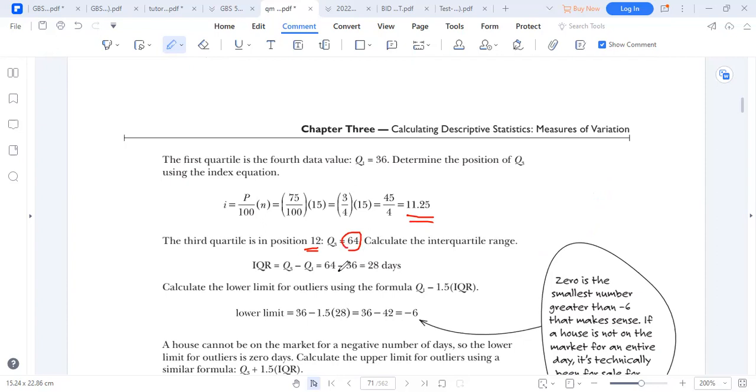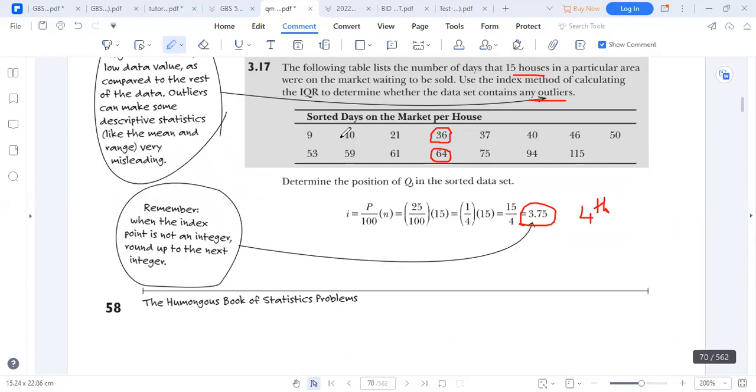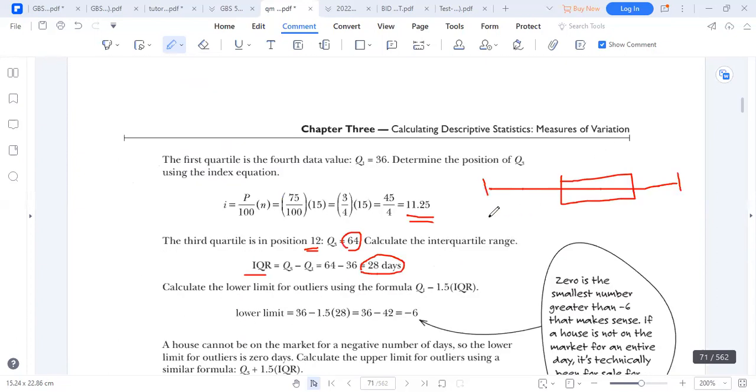The difference between 64 and 36 is called the interquartile range. So we get 28 days. Then we have here the extremes, 9 and 115. So 9 comes here, 115 comes there. The lower quartile is 36, then 64.